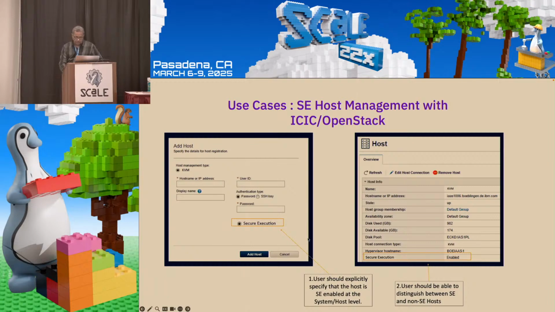Once I have secure execution enabled, the host that is created will show that it has secure execution capability enabled, and any VMs created on it can be deployments of VMs which are built through the secure build process.